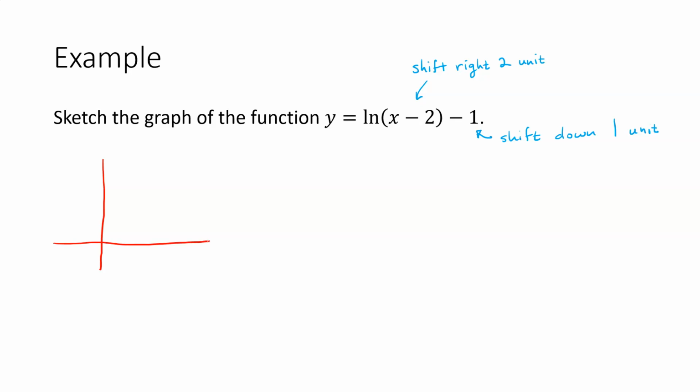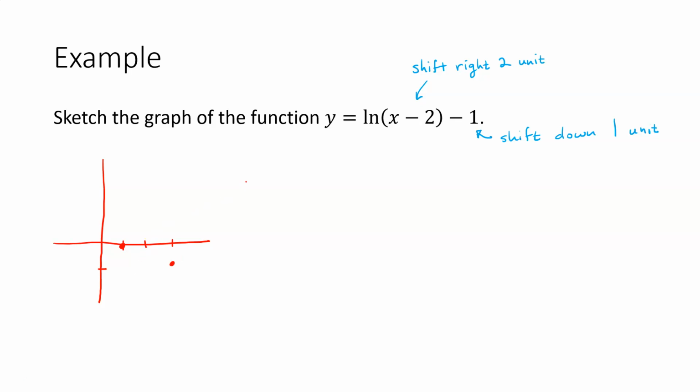So thinking of the natural logarithm, it originally has that point at (1, 0). So we're going to shift it 2 units to the right and then 1 unit down. So that point now shifts over here.